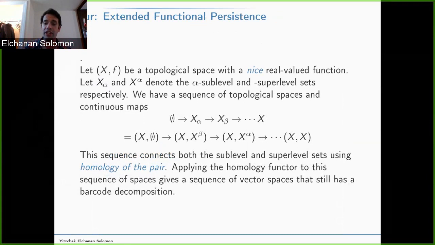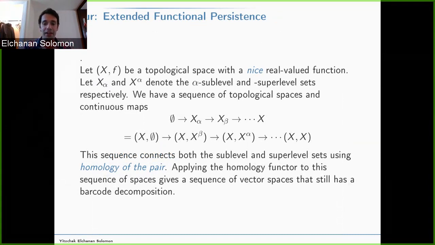Eventually you end up with the largest superlevel set, the whole space itself, and you end up with the pair (X, X). So there are kind of two parts to the sequence. There's a part which is growing the sublevel set, and when you do the homology of the pair, you can think of it as collapsing larger and larger superlevel sets. You can apply homology to this full sequence and still get a barcode decomposition.